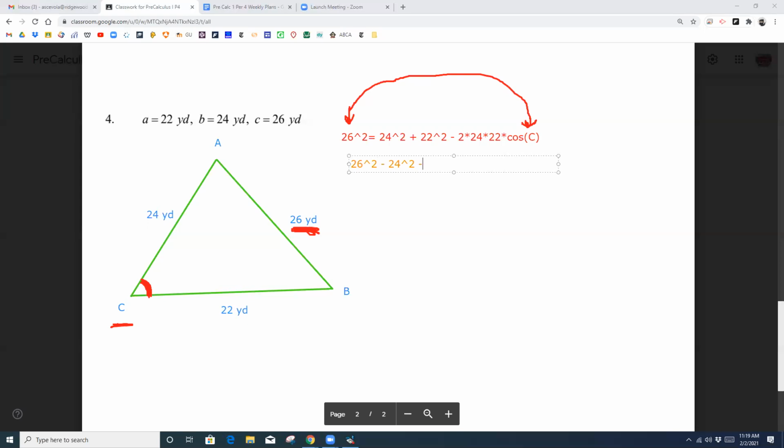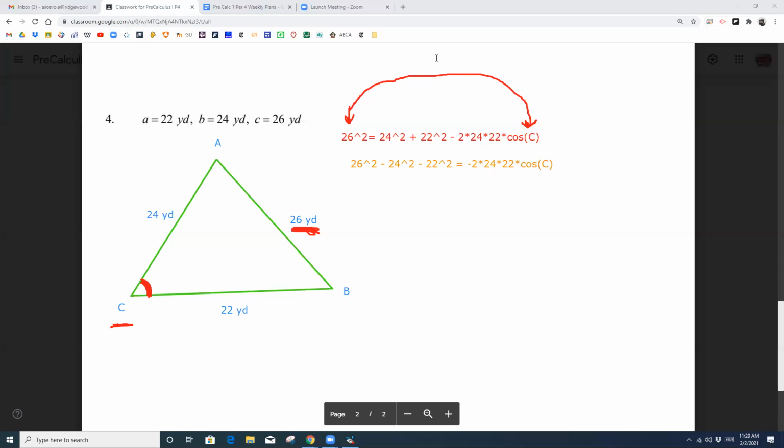So now it's like we're just solving for a variable. We're solving for C. I'm going to subtract 24 squared and 22 squared on both sides. That's my first step to getting C alone, subtracting a squared and b squared on both sides.